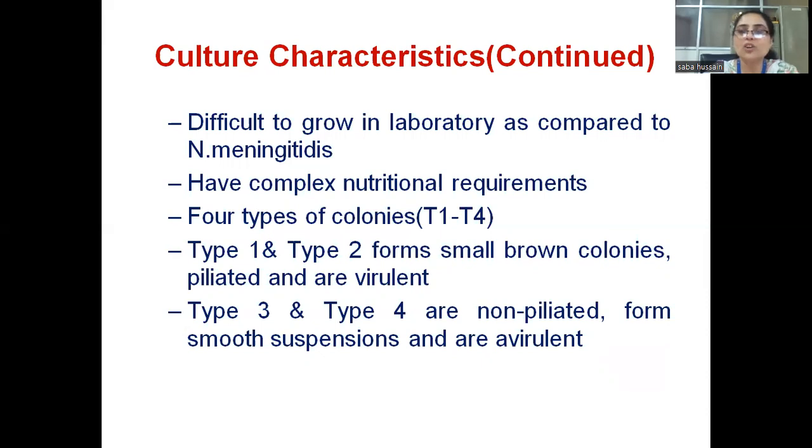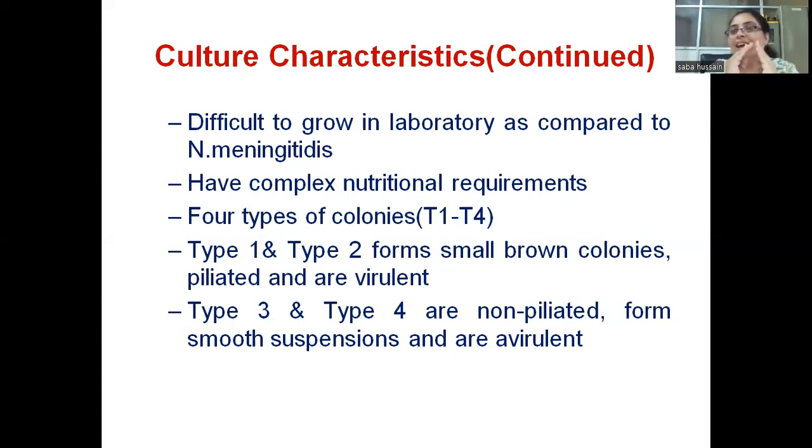So brown colored colonies are there, and they are piliated and are virulent. Since I have told you that pili are used for adhesion, if Neisseria gonorrhoeae adheres to the mucosal walls, it is not thrown out even during micturition.